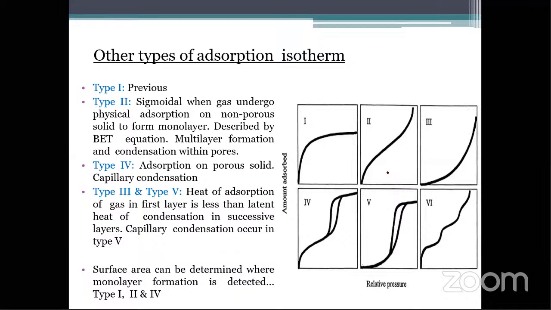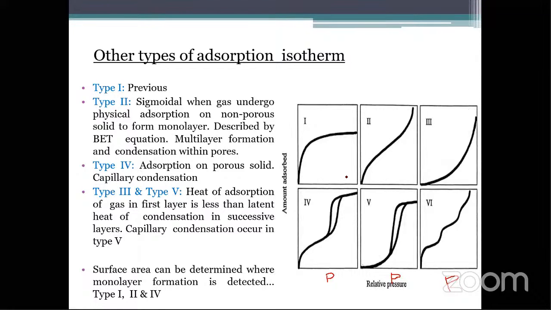This isotherm represents a significant increase in adsorption with increasing pressure. On the x-axis you have to take pressure everywhere. In every graph, the x-axis is P, that means pressure.